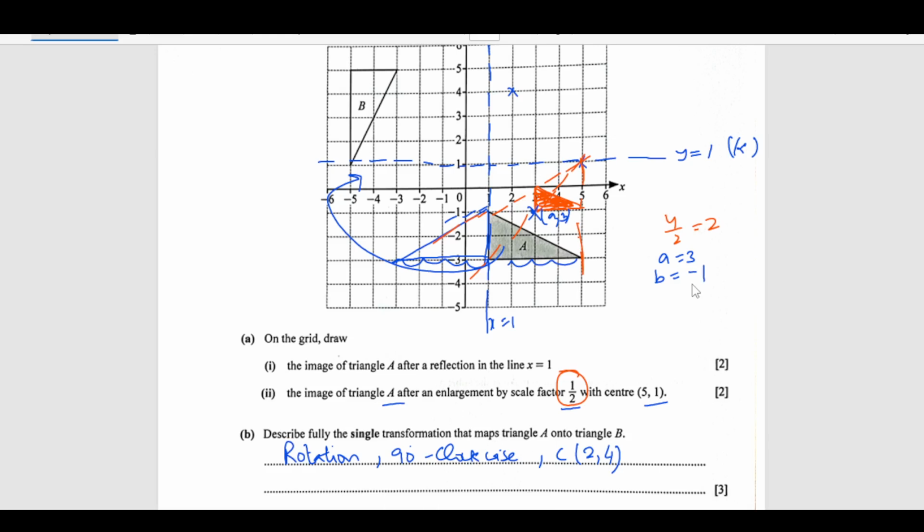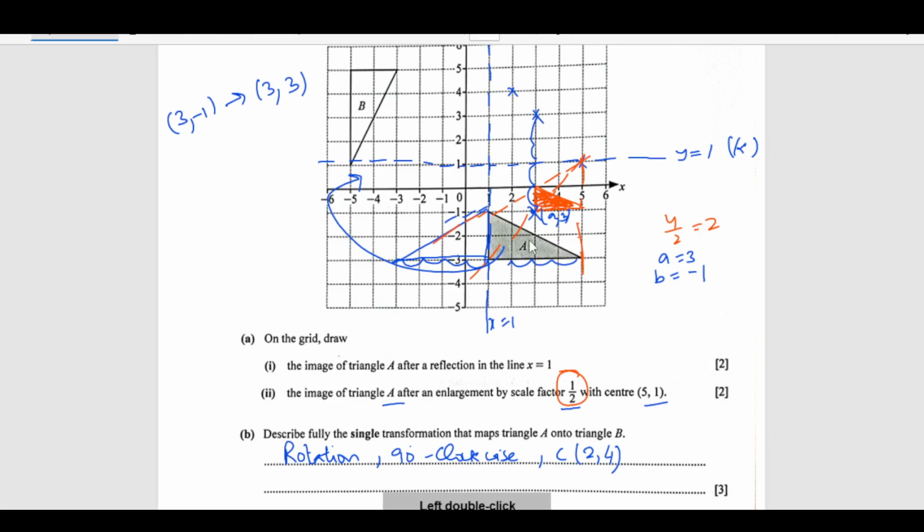So if I reflect this point in this line, this is 3 and -1, and in the reflection it is 1 2 1 2, this will come over here. So this 3 remains 3, but y is changed to 3.